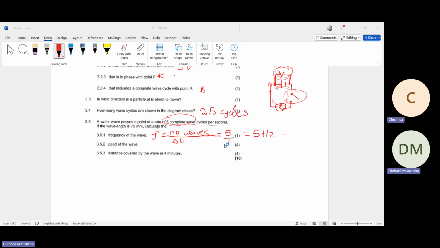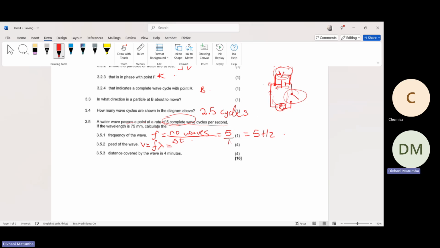You don't remember the formula? No, sir. The speed of the wave equals frequency times lambda. V equals frequency times lambda. You don't remember? No, sir.